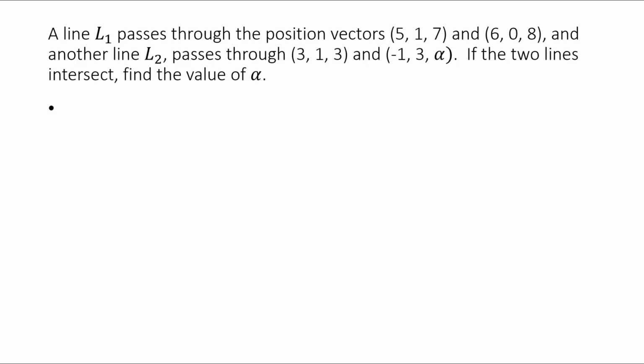So we can rewrite L1 as (x - 5)/(6 - 5), and that's going to be equal to (y - 1)/(0 - 1), which is going to be equal to (z - 7)/(8 - 7).